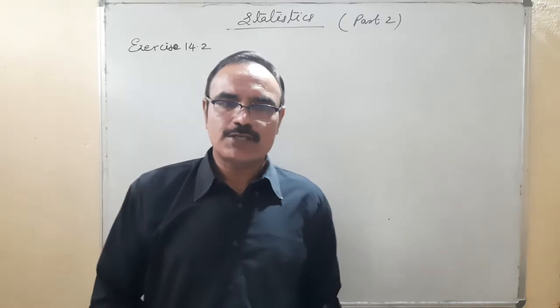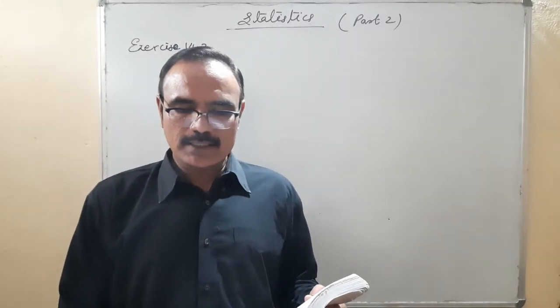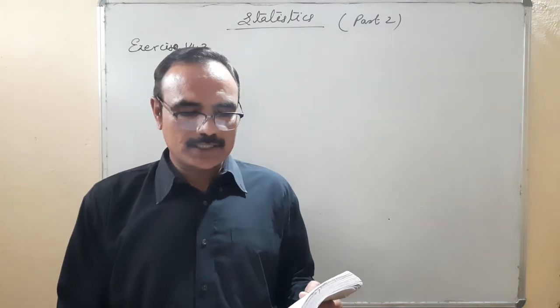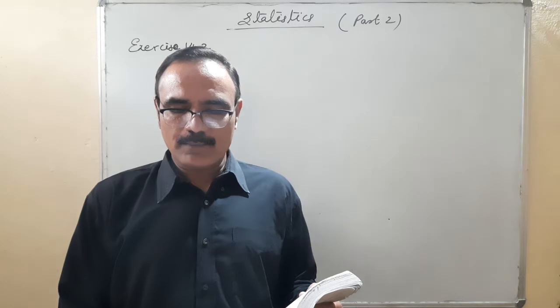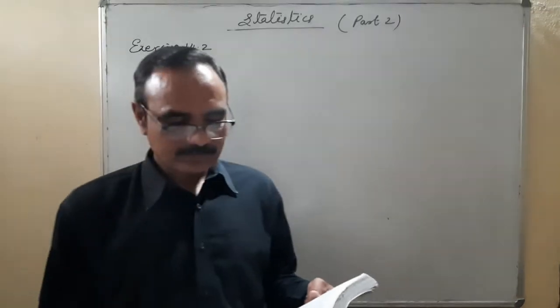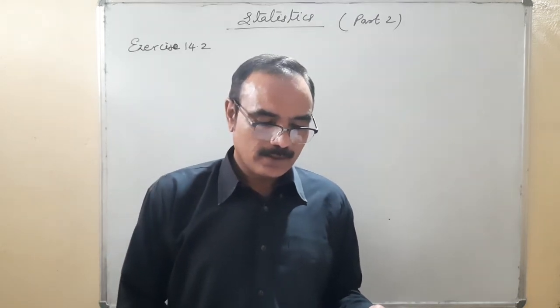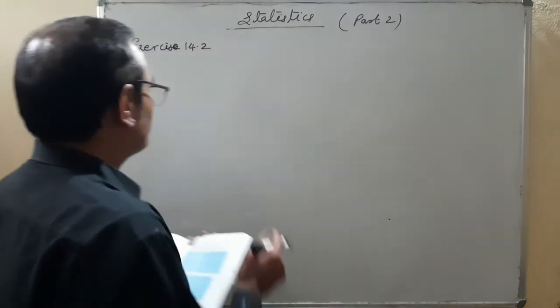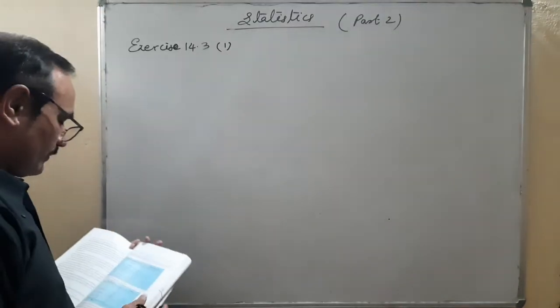Okay. Coming to exercise 14.3, where the following frequency distribution gives the monthly consumption of electricity of 68 consumers of a locality. Find the median, mean and mode of the data and compare them. Right. So this is question number 1 I am taking. Exercise 14.3, question number 1.